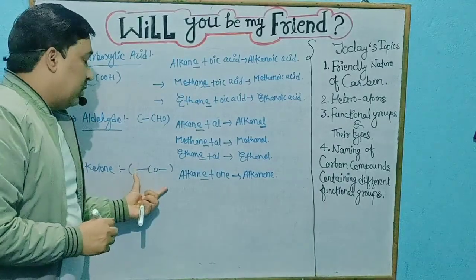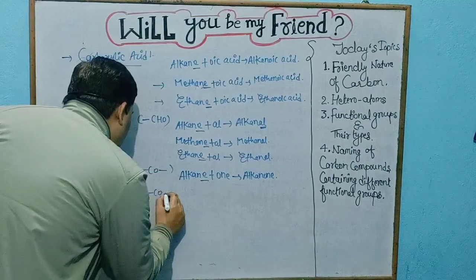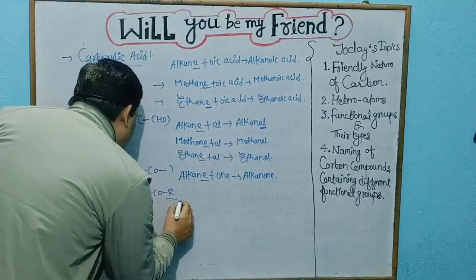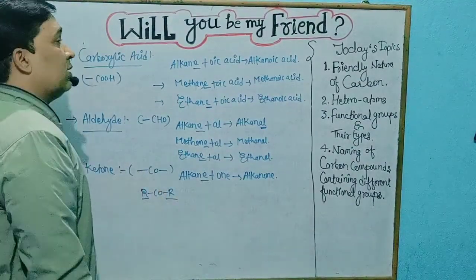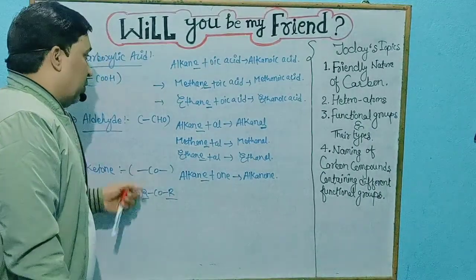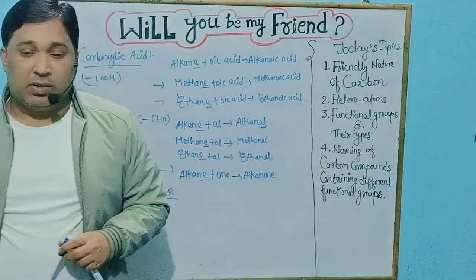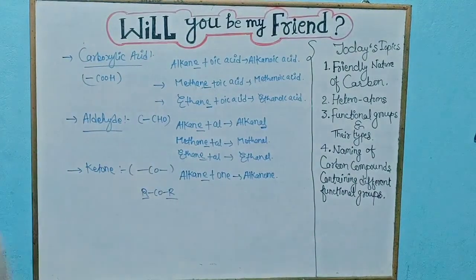Now, it is generally represented as RCOR, where R are called radicals, right? Or you can say alkyl group. So what is an alkyl group? Let me define it first of all, and then we will move further.